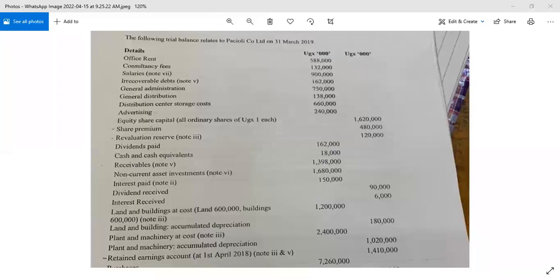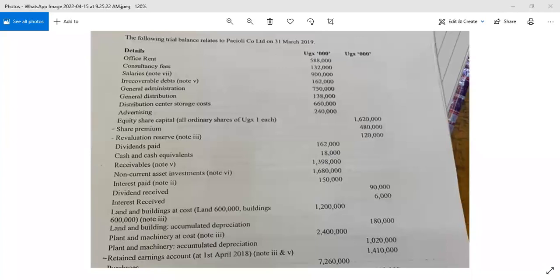Then you have share premium. Then you have revaluation reserve. So you have reserve. Then you have retained earnings. So it's always obvious. The balances in balance come straight. This is the opening balance.